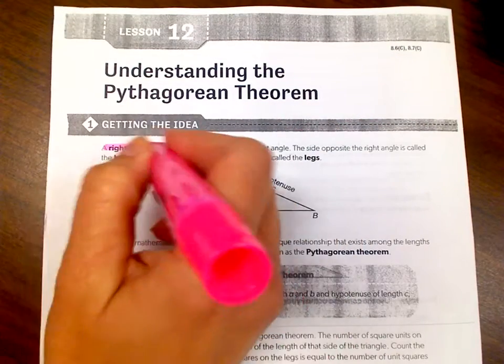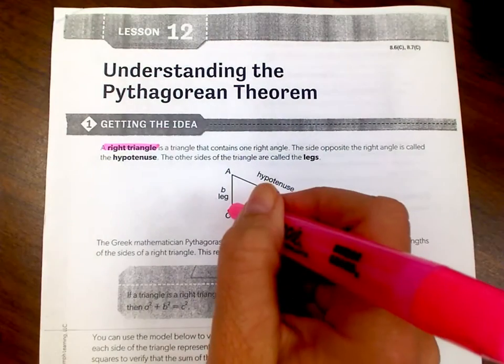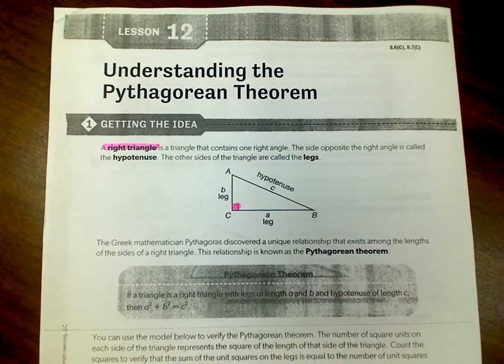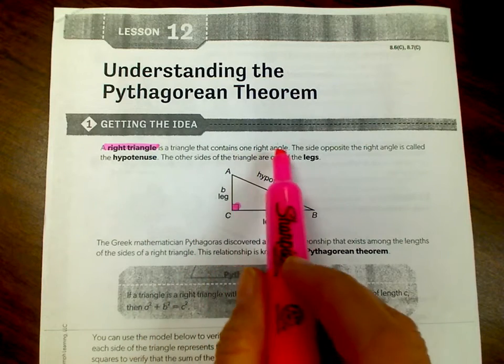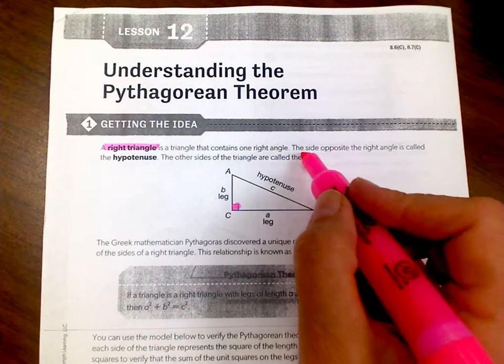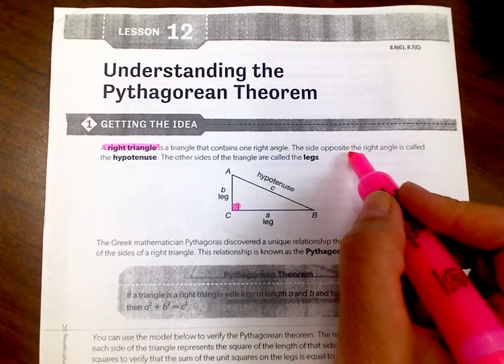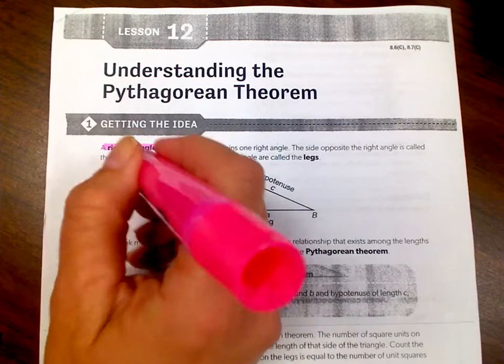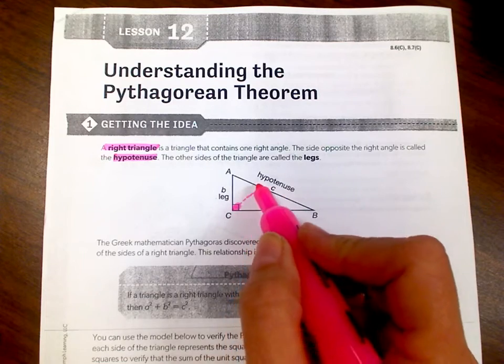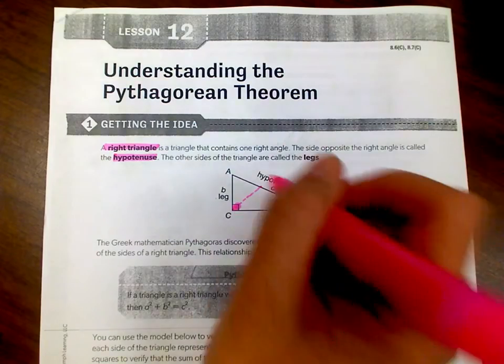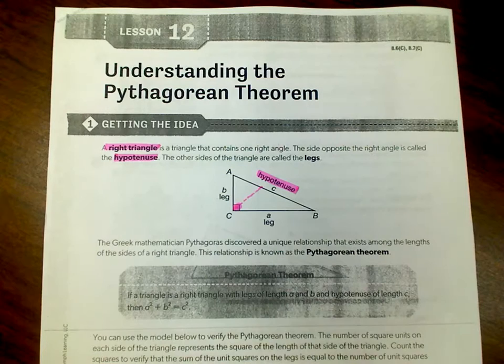A right triangle will always have a right angle. It's a triangle that contains one right angle. The edge opposite of the right angle is called your hypotenuse. So right across the right angle is your hypotenuse.